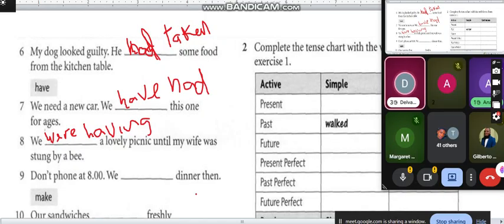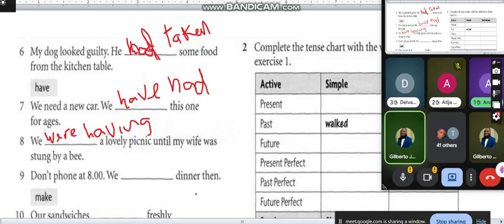Don't phone at 8. We will be having dinner then. Okay, so what tense is that, Delva? Future continuous. Okay, future continuous tense. We'll be having dinner then. Okay, thank you, Delva.